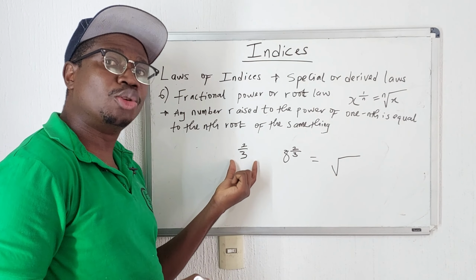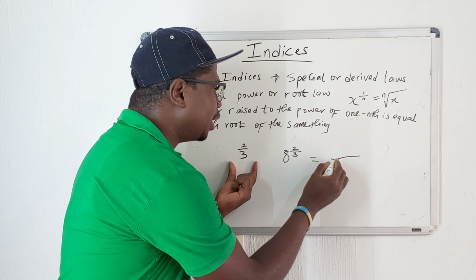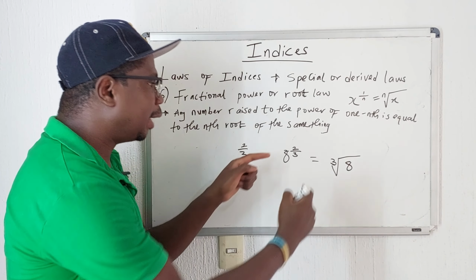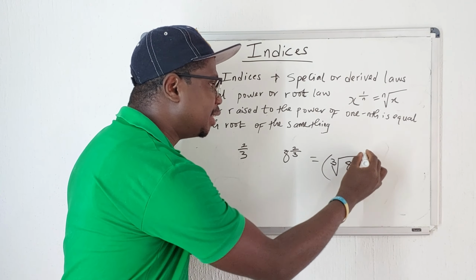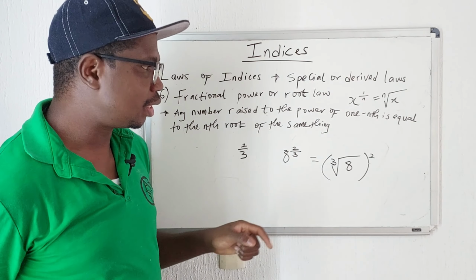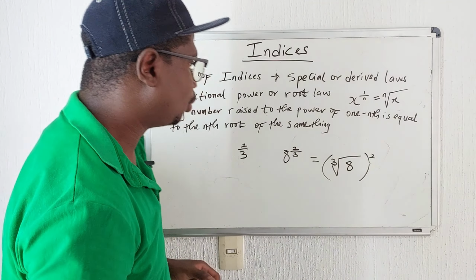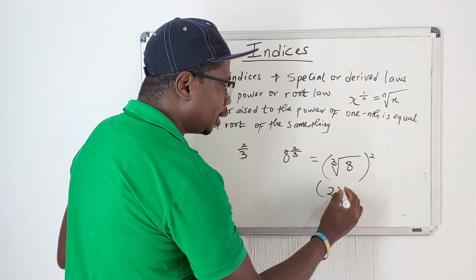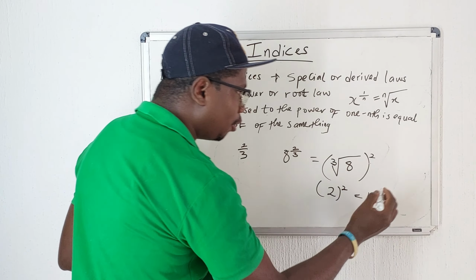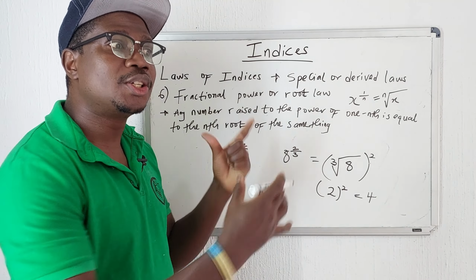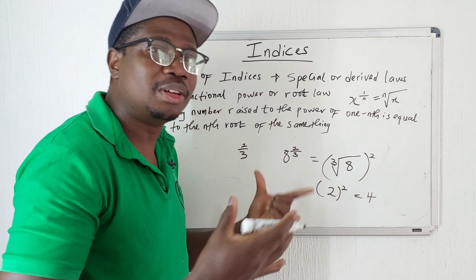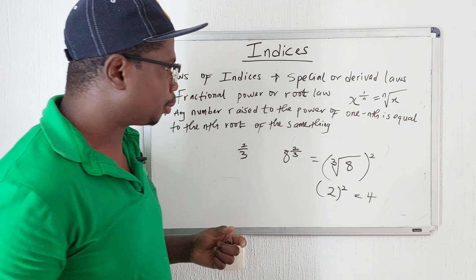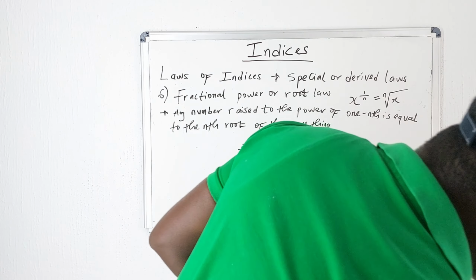We put the denominator of the fraction in the root place, and the base goes under the root sign. Then the numerator, we raise it as the power. It's just a modification of the law. So we know that the cube root of 8 is 2, then 2 squared is what? 4. So we're going to be using these laws to help simplify mathematical and algebraic expressions. So let's go to the last law.